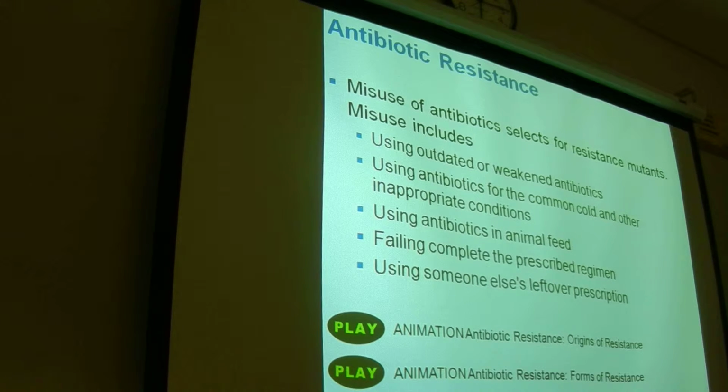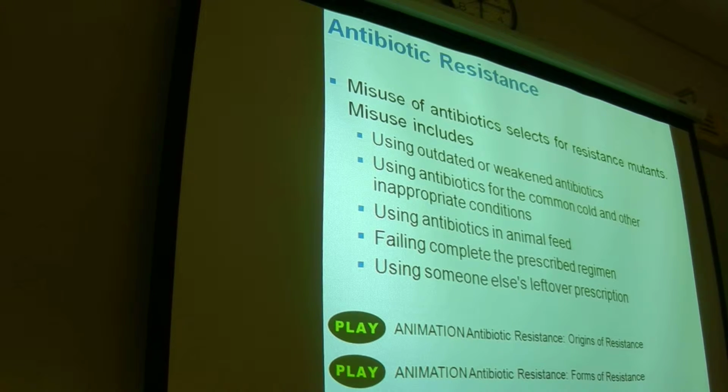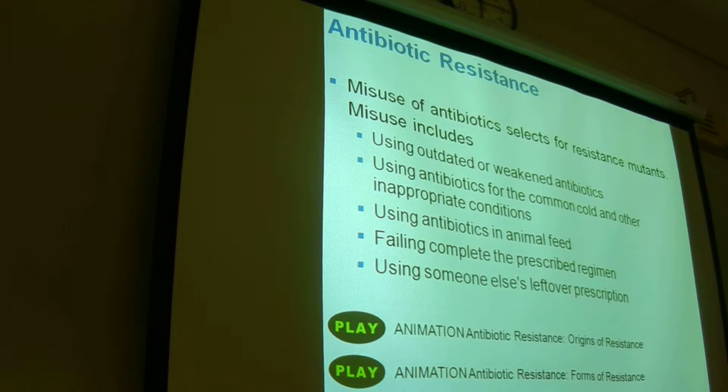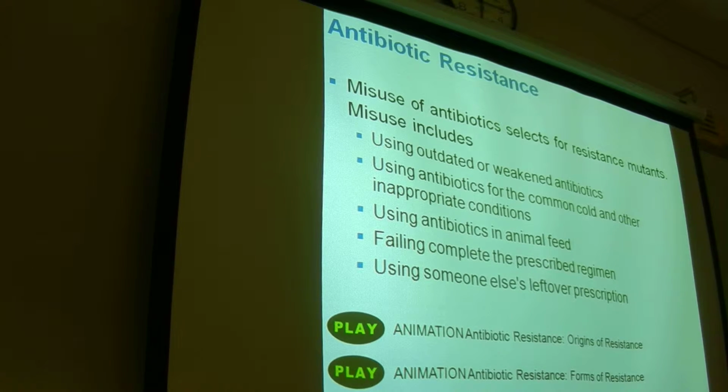Okay, if you don't use the antibiotics appropriately, you'll kill off the ones that are susceptible, but those ones that are somewhat resistant will remain behind and eventually divide and start to overpopulate, and now you have an infection that is twice as strong, that is resistant to an antibiotic. Okay, so the main reasons why that happened, people using outdated or weakened antibiotics.